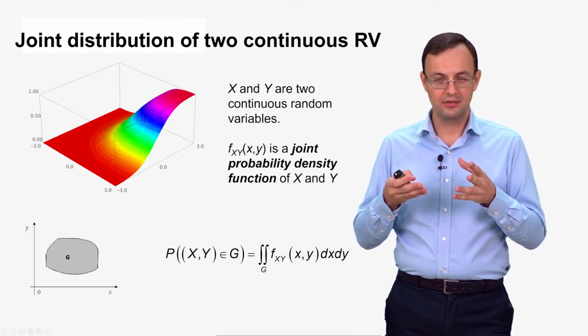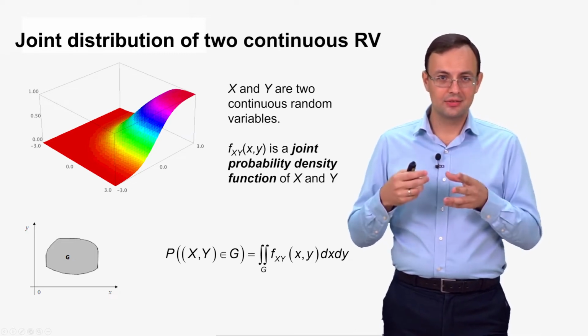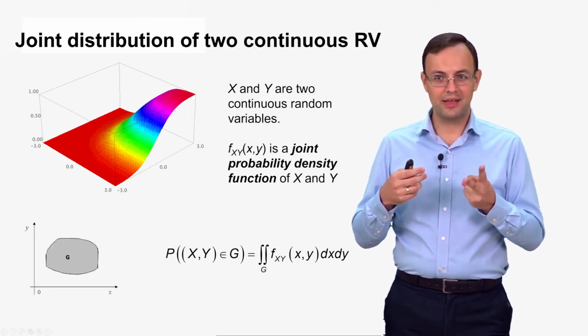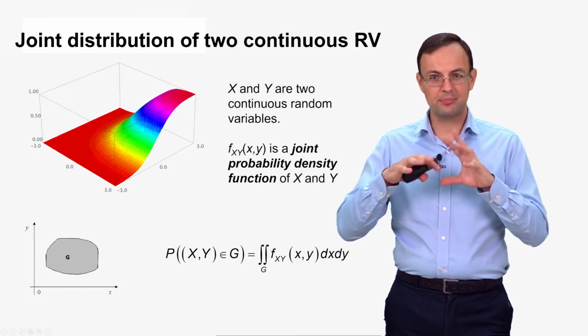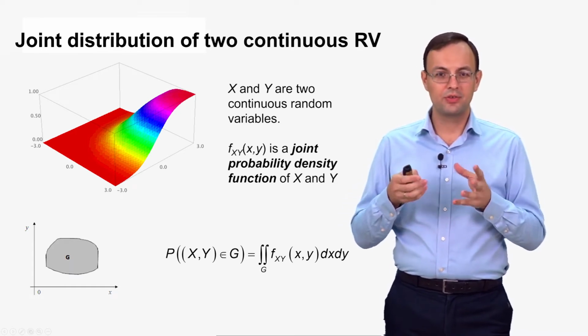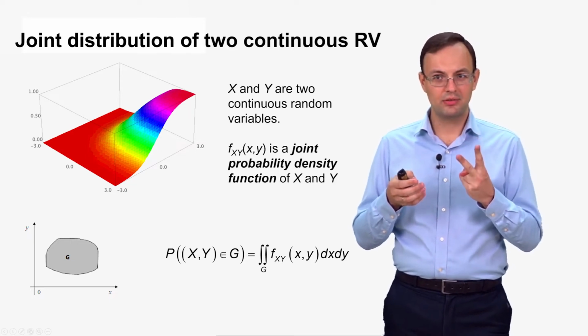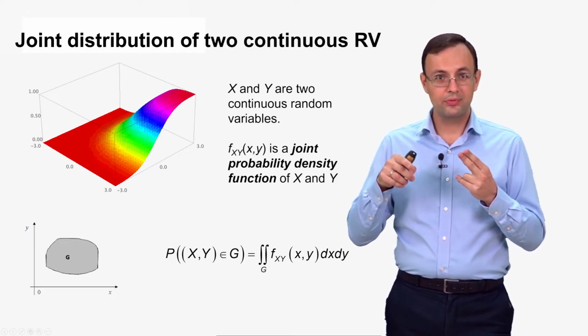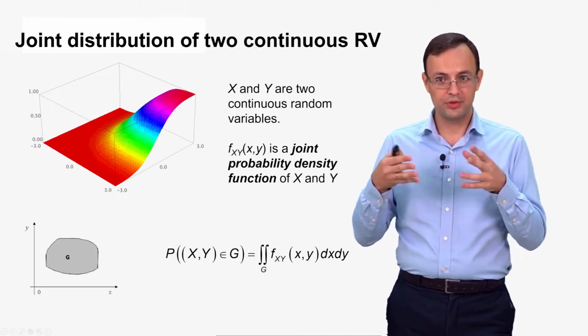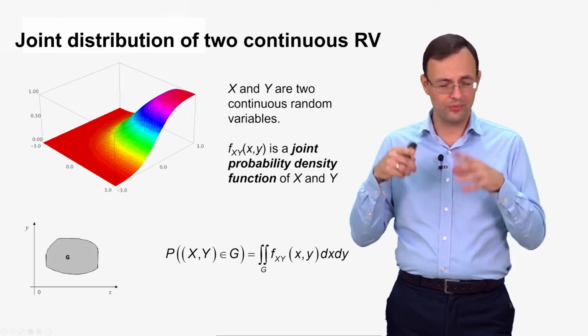So the probability that the pair x, y belongs to some set G is the double integral over G of the joint PDF f of x, y.